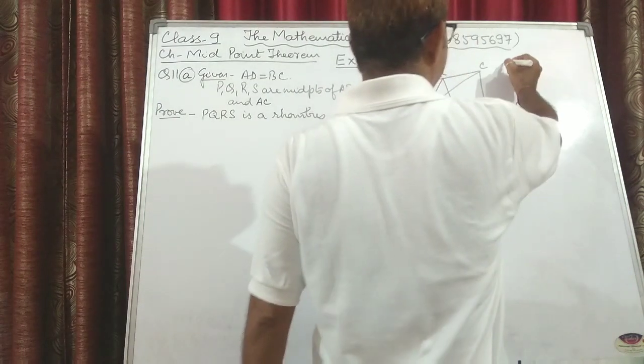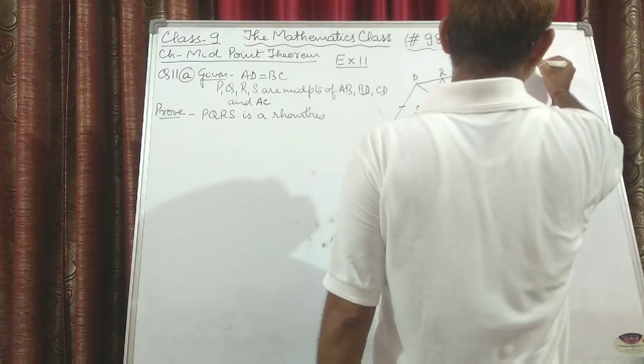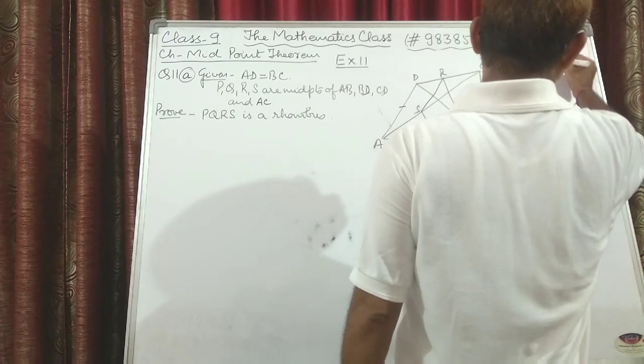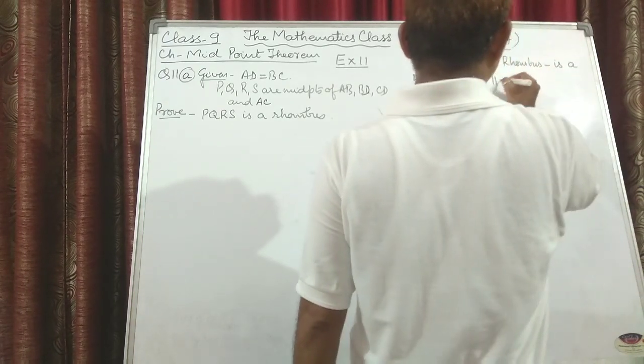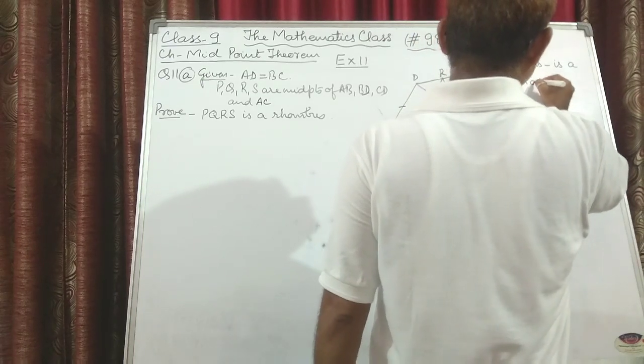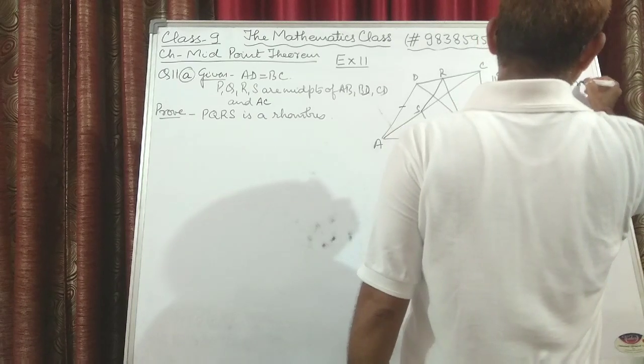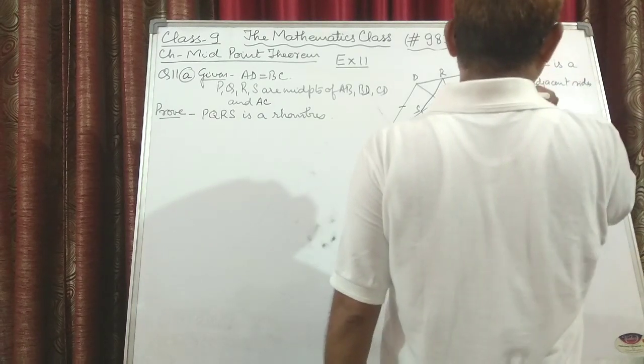What is a rhombus? I'll write the definition. Rhombus is a parallelogram with adjacent sides equal.